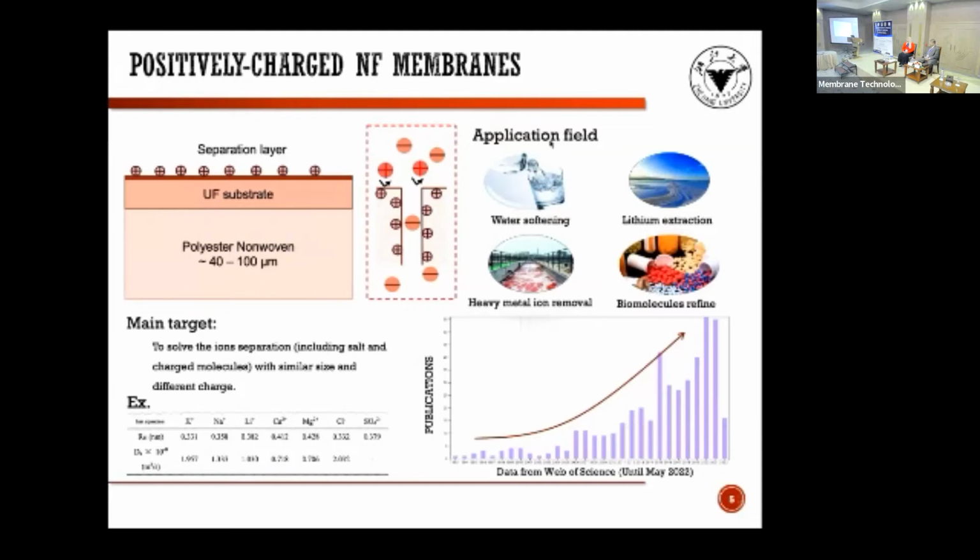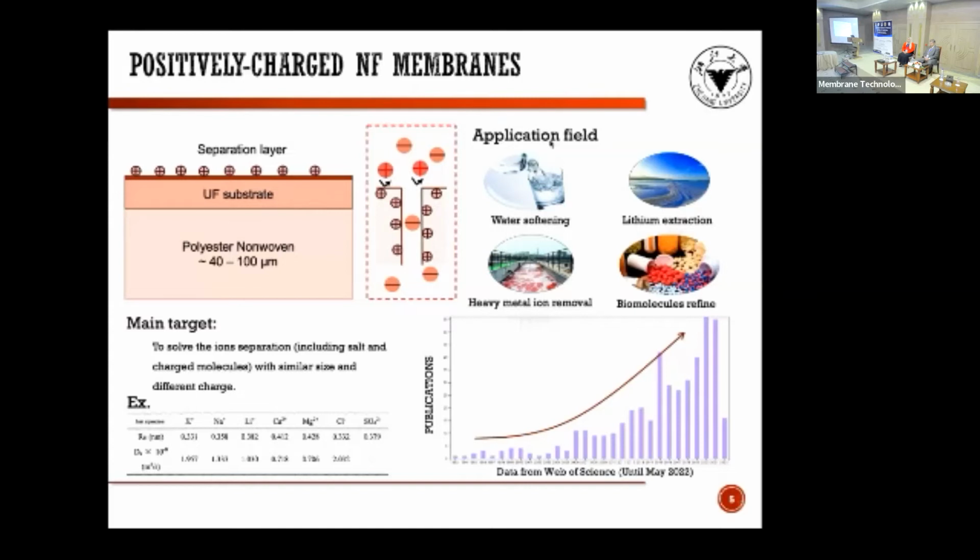Accordingly, the positively charged NF membrane shows great application prospects in water softening for drinking water production, lithium extraction from salt lakes, heavy metal removal for water reclamation, and biomolecular refinement.